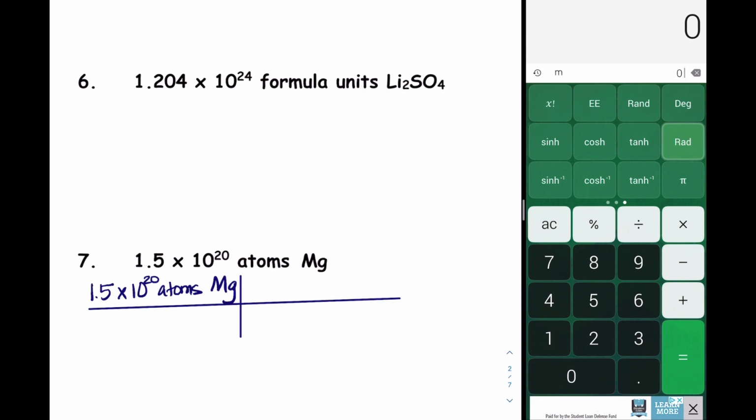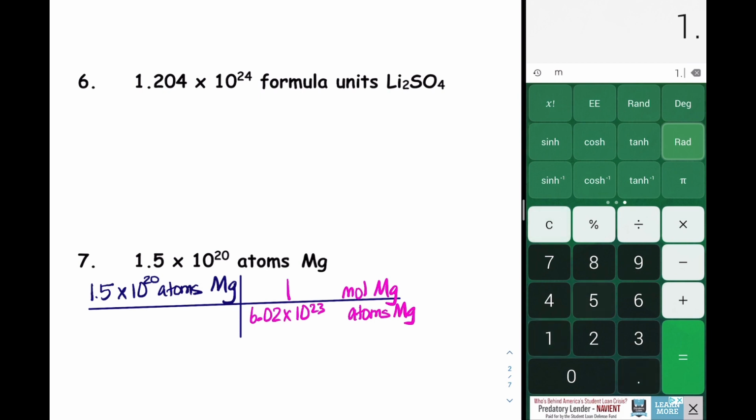Now that we've set up our dimensional analysis table, you should be able to tell that atoms will be the label placed at the bottom of our setup, and moles of magnesium will go at the top. And it's still going to be 1 mole equals 6.02 times 10 to the 23rd.